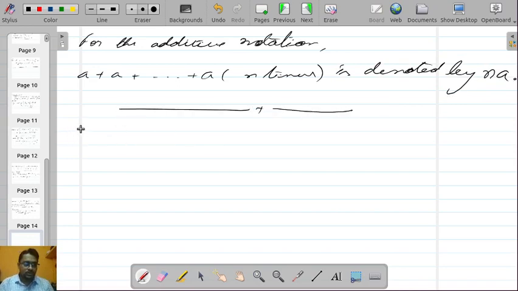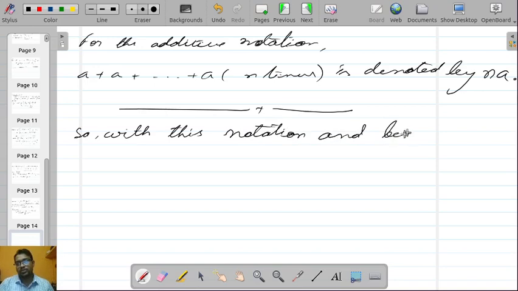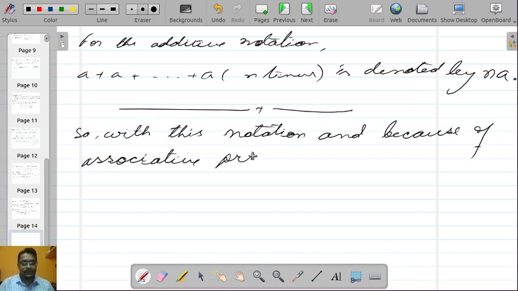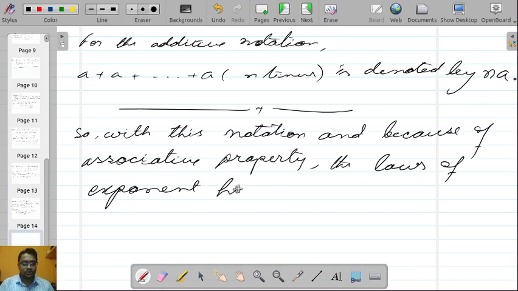So with this notation, and because of the associative property, the laws of exponent hold.